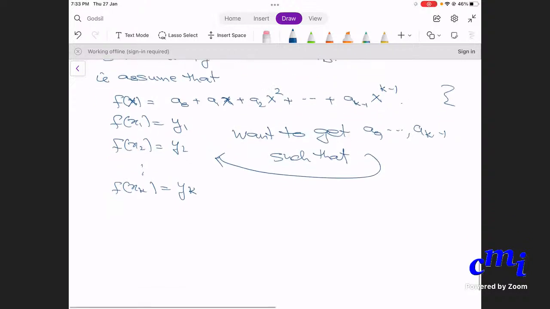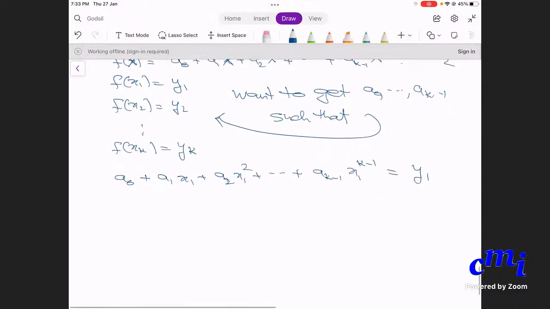What does that mean? That means a0 plus a1 x1 plus a2 x1 squared up to ak minus 1 x1 to the k minus 1 equals y1. Then a0 plus a1 x2 plus a2 x2 squared up to ak minus 1 x2 to the k minus 1 equals y2.